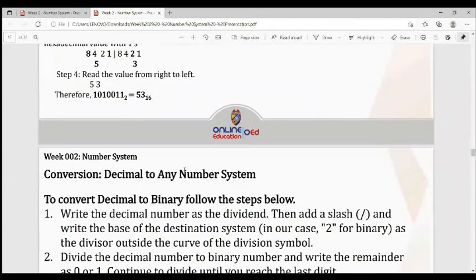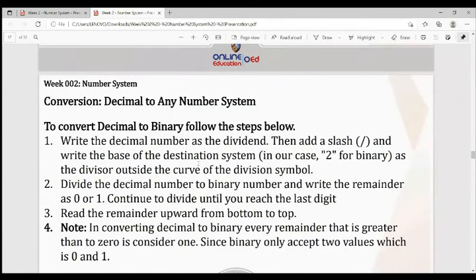Okay, so let's proceed with conversion of decimal to any number system. Okay, so write the decimal number as the dividend. Then add a slash. Ayan, slash ganyan. And write the base of the destination system. So in our case, since that is decimal to binary, we will be using 2 for binary.